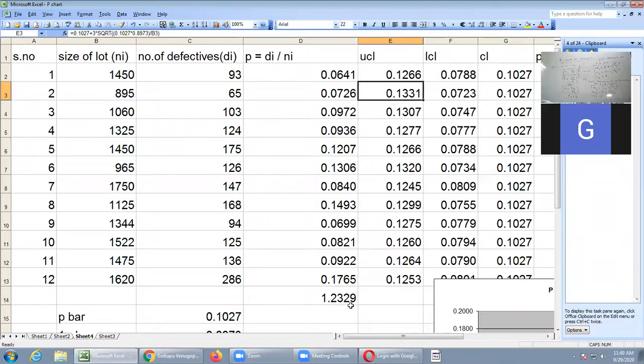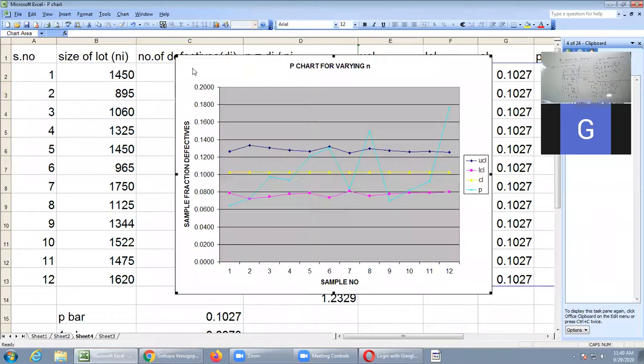I think 1765. So which one is highest? UCL highest is 1331, and this is 1765. So 1765 is highest. That's why the scale should be considered up to 1800. If you observe the chart, he has considered up to 1800. 2000 is not required. Up to 1800 is required.